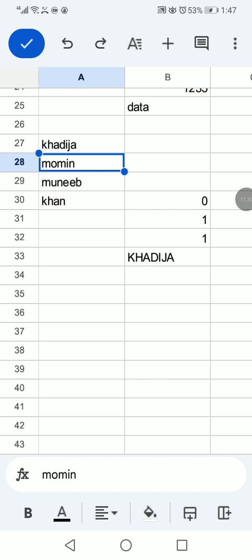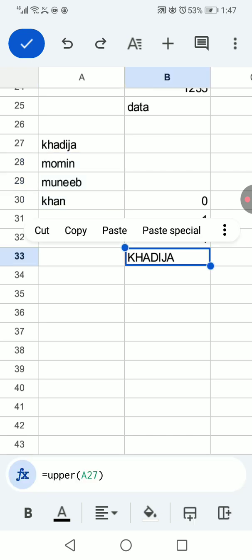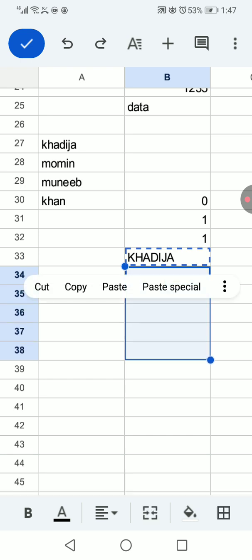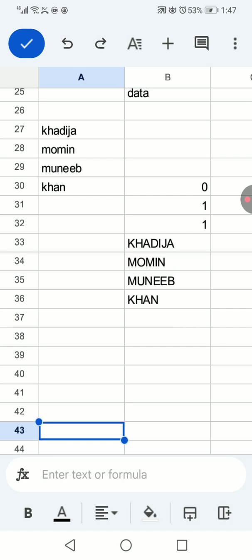I have changed the names because it may be in your mind that we have copied and pasted, so the same word was appearing over here. To clear that doubt, I have changed the names over here. So now we are going to copy because we have put the formula over here, and here you will paste. So what will happen? Momin, Munib and Khan, these were written in small letters. Automatically over here those letters are converted into capital letters.